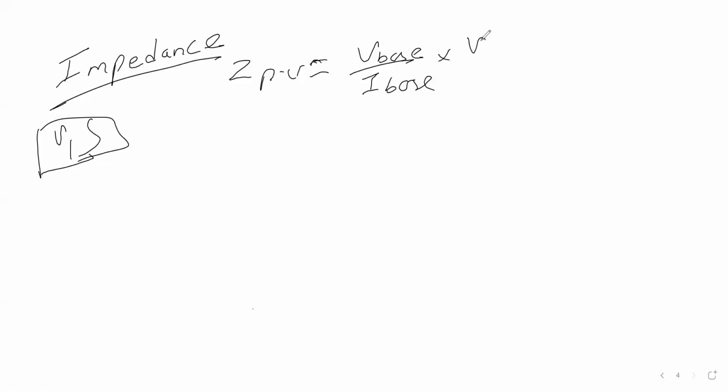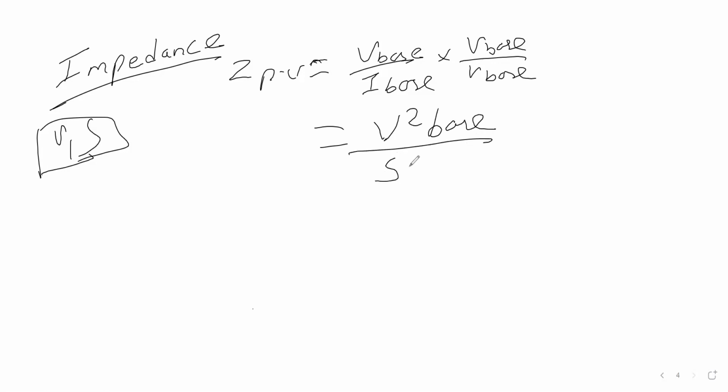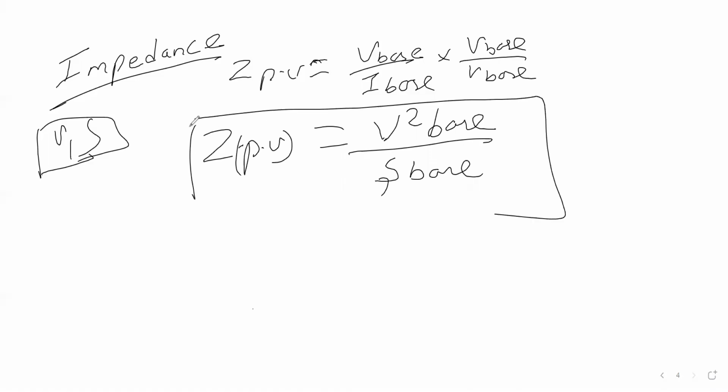If we multiply V base in the denominator and numerator, as we explained in star connection, and go in the same manner in this also, it could be written as V square base by S base, since I base into V base is your S base. So Z per unit would be written as V square base by S base.